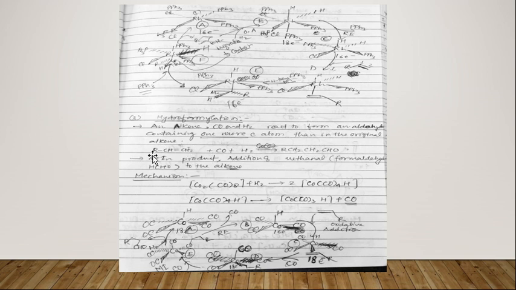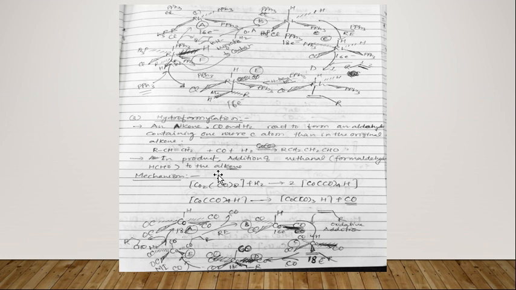So if you see here, this alkene and this carbonyl and this hydrogen molecule react. So here one extra carbon is coming. So this is for the hydroformylation. So this is from the aldehydes.